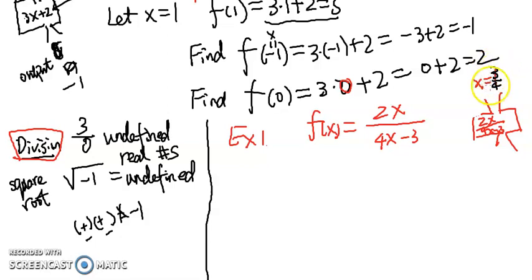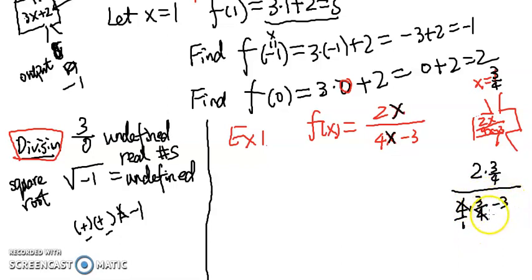So if you try to plug this number into the function, see what happens. So let's replace this letter x and that letter x with 3/4. See what we're going to get. So we get 2 times 3/4 on the top. On the bottom, we have 4 times 3/4 minus 3. And remember the bottom, this 4 means 4 over 1. So if you reduce that, you're going to get 3 minus 3.